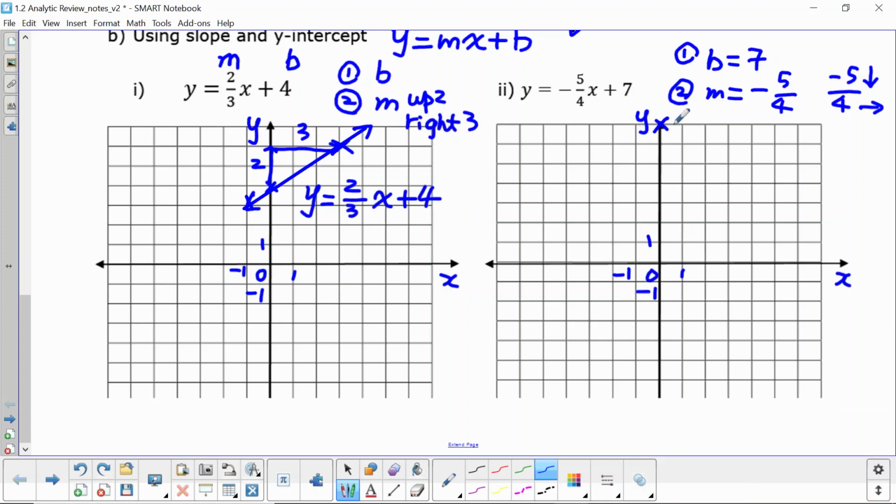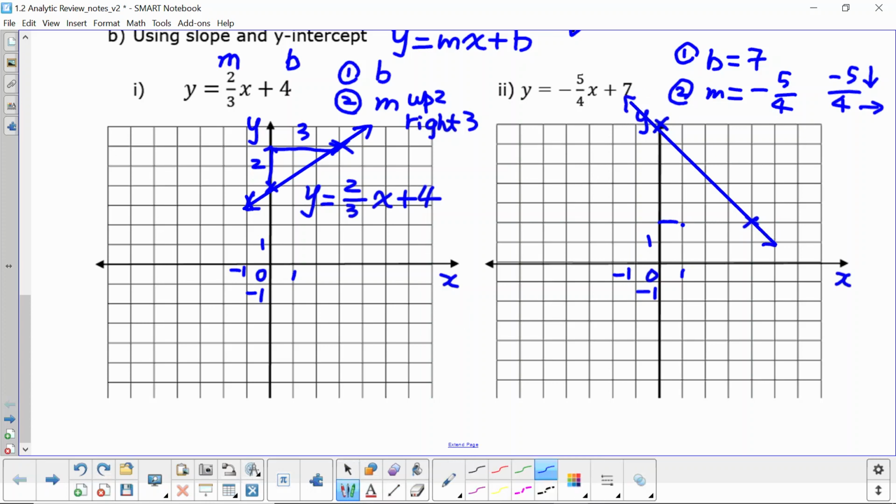Then from this point 7, down 5: 1, 2, 3, 4, 5. Then right 4: 1, 2, 3, 4. You have these 2 points, then use your ruler and connect them. Then put arrows at both ends.